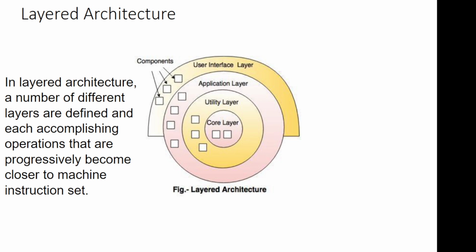In layered architecture, a number of different layers are defined, each accomplishing operations that progressively become closer to the machine instruction set. So compilers are at a utility layer, okay, because they take an application, right? And the GUI that you create is a part of user interface design. The application that you create after the GUI is at the application layer, like you create logic for a calculator, a scientific calculator.